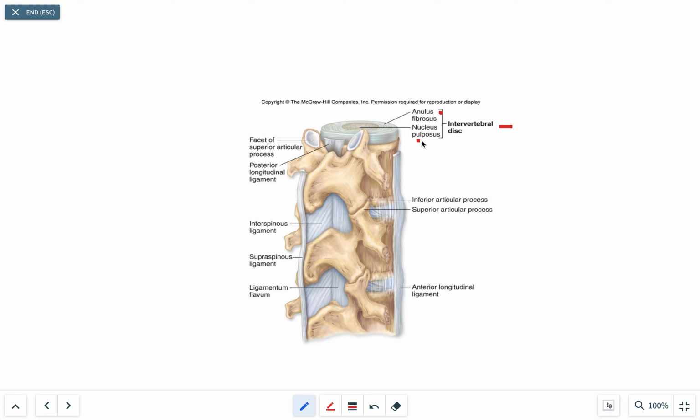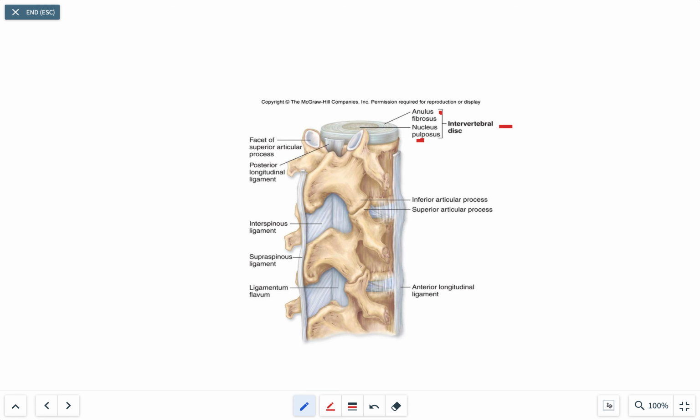And inside of that concentric ring is the nucleus pulposus, which is more of a soft gelatinous core, and its job is to absorb shock. This area is very good for absorbing the compaction of the spine during walking or running.